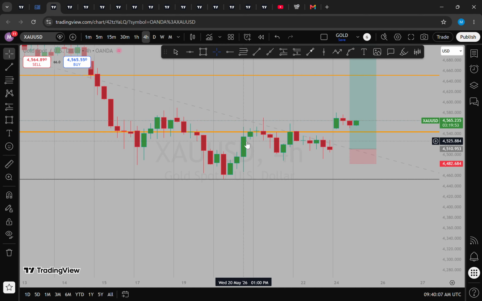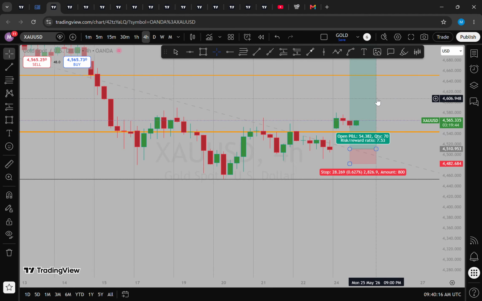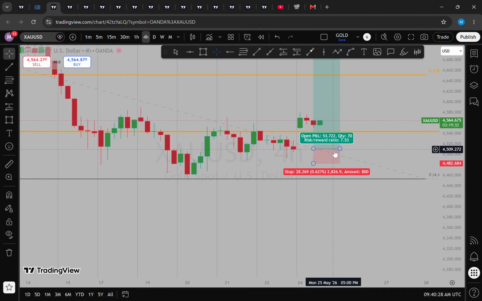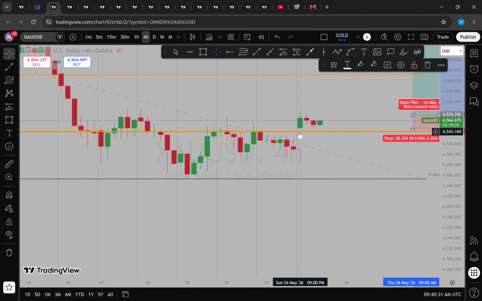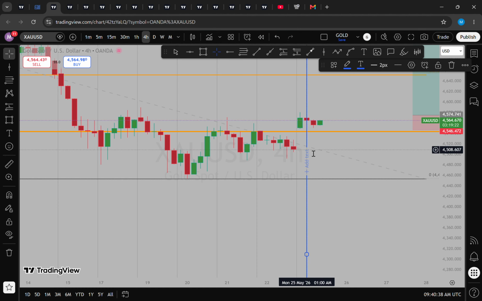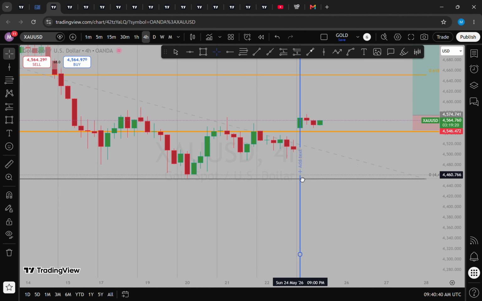That means four 1 hour candles equal a 4 hour candle, so inside a single 4 hour candle like this, you are definitely going to have 30-minute candles. For instance, let's take one of these 4 hour candles as an example.